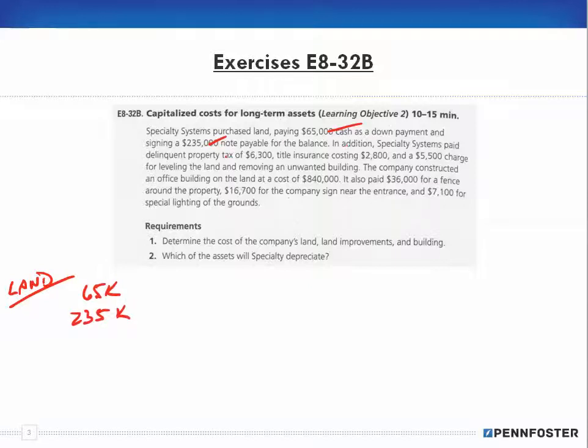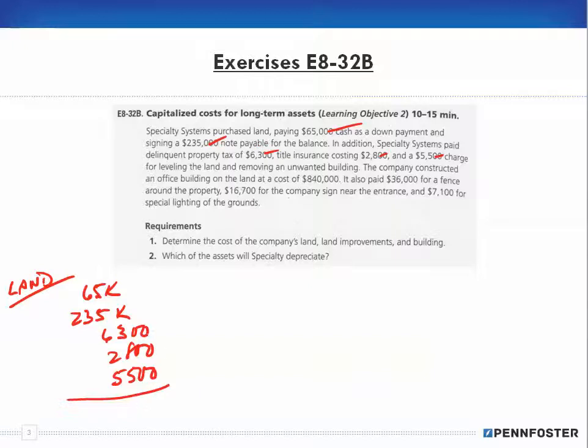In addition, they had property taxes of $6,300, title insurance of $2,800, and a $5,500 charge for leveling the land and removing an unwanted building. Okay, so these are all the costs that are associated with the land.